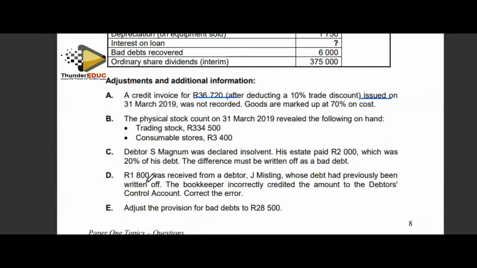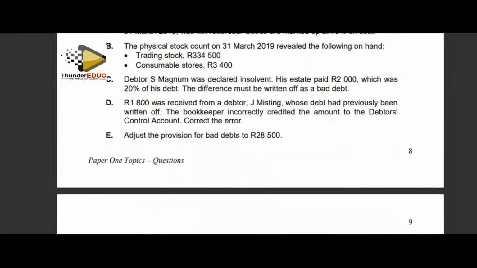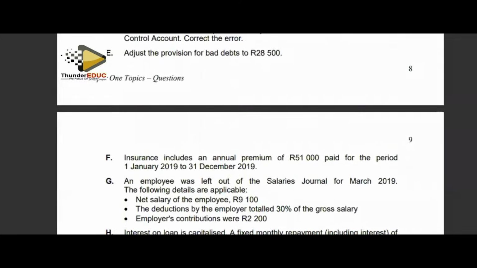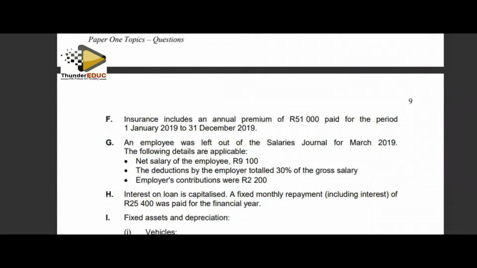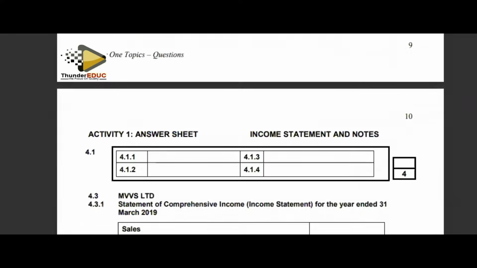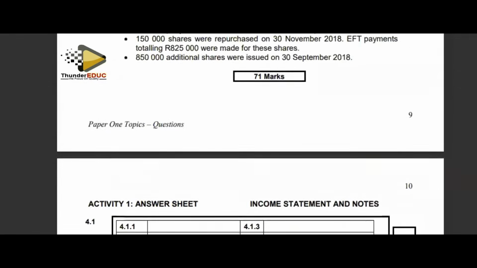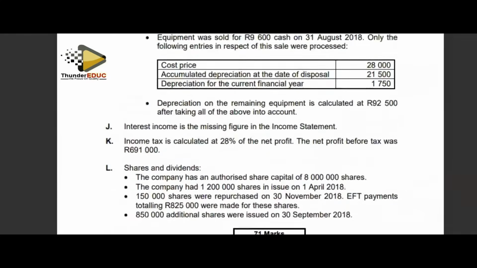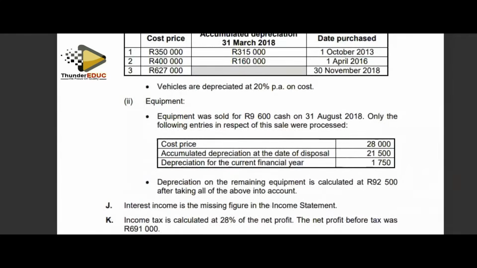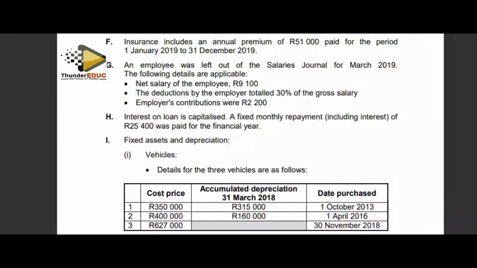So this has to do with the closing stock data as was issued in 2000. There's an amount of that. So we don't need that. Adjust the provision for bad debts. Insurance for 5.1. Interest. Sorry. We need to check this again. An employee. This is insurance.